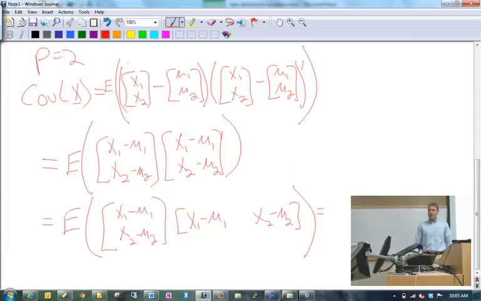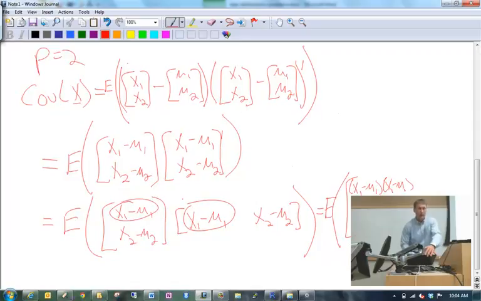Let's do our multiplication. So expected value of, I have a 2 by 1 vector times a 1 by 2 vector. So what's the dimension of what I get as a result? The 2 by 2. So I take x1 minus mu1 times x1 minus mu1. So I'm taking the first row times the first column. Then I'm going to run out of room. x1 minus mu1. Draw a little arrow there.